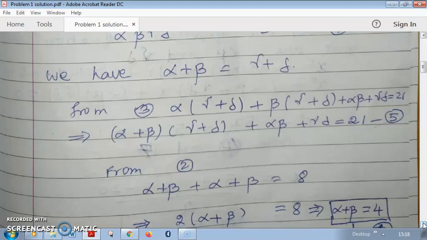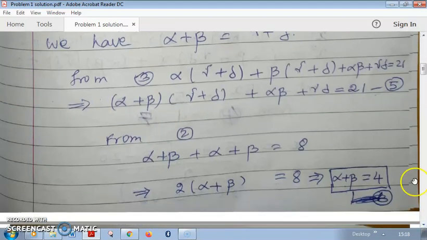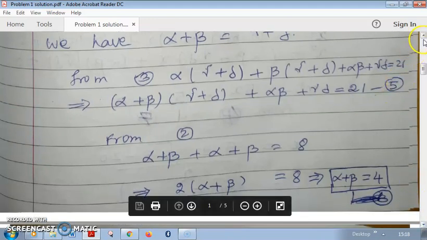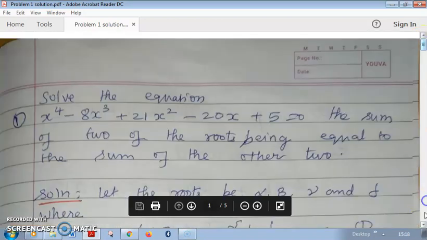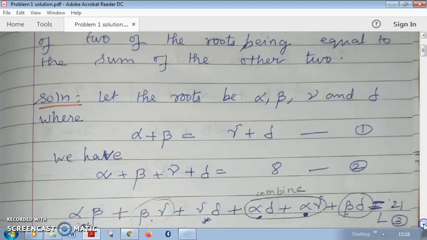This is equation 5. We also know equation 2, alpha plus beta plus gamma plus delta equal to 8.